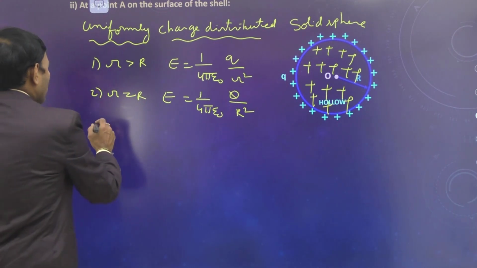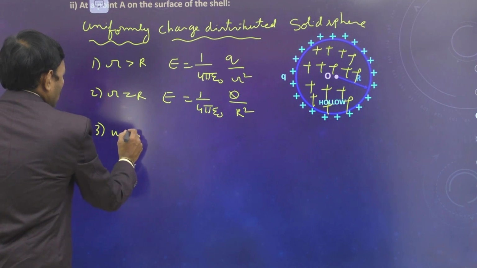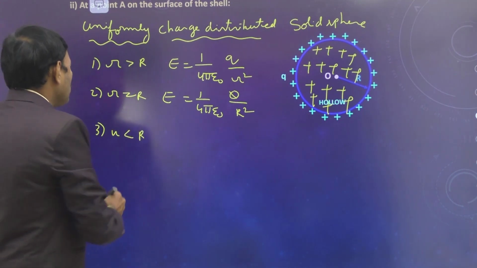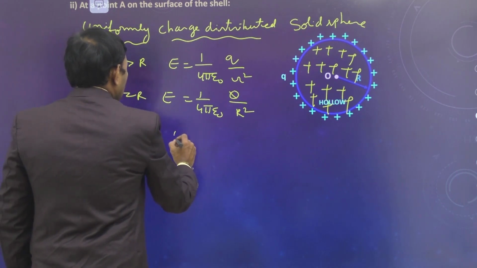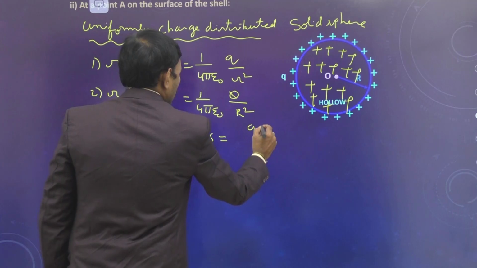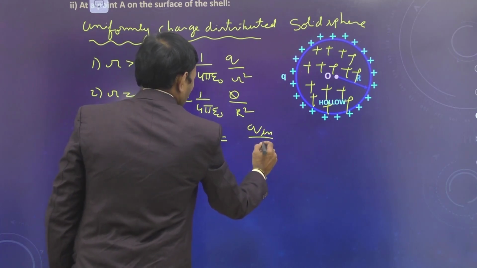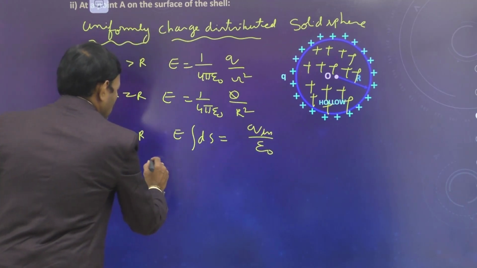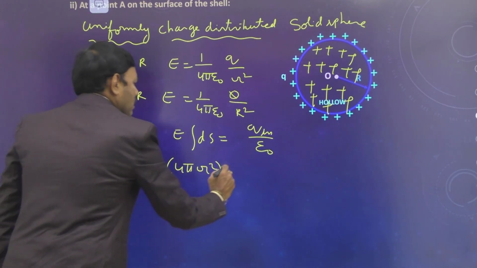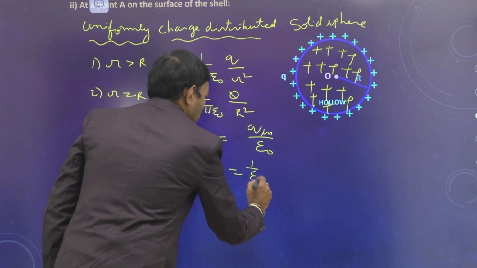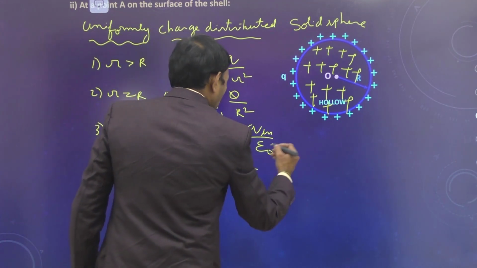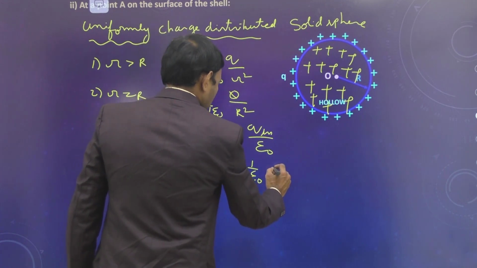And at an inside point, when small r is less than capital R, when you apply E integral ds is equal to q inside by epsilon naught, Gauss law. So E into integral ds is 4 pi r square, is equal to 1 by epsilon naught into q inside, which is equal to volume into charge density.